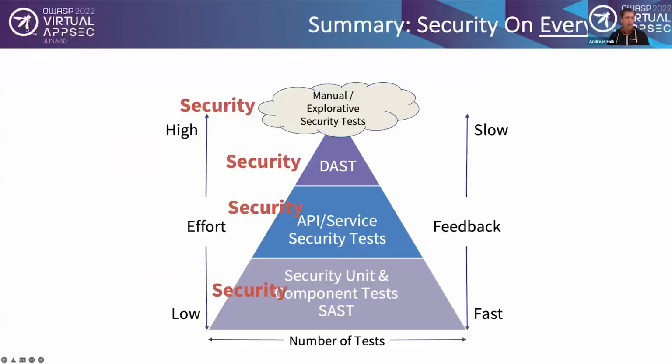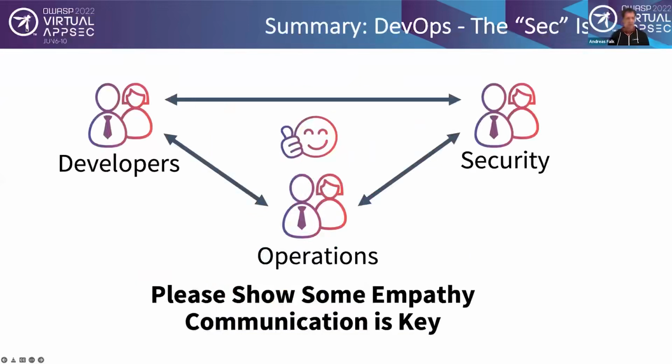As a summary, you should put security testing on each and every layer of your security testing pyramid, as shown in demos and also on the slides. And a second summary is that it is not sufficient to only have tooling in place and conduct automated testing, but it is really important to understand each other very well. So developers should also show empathy for operations and also for security and vice versa.